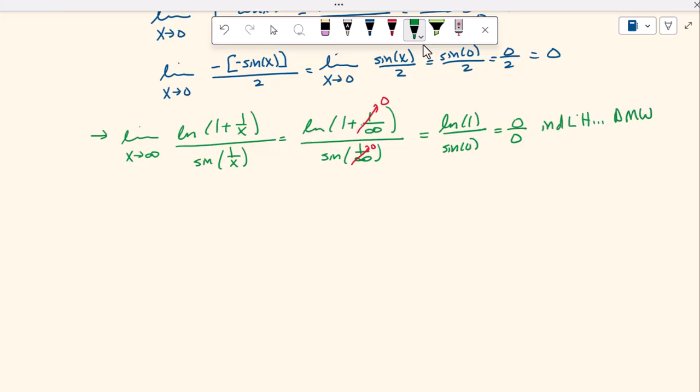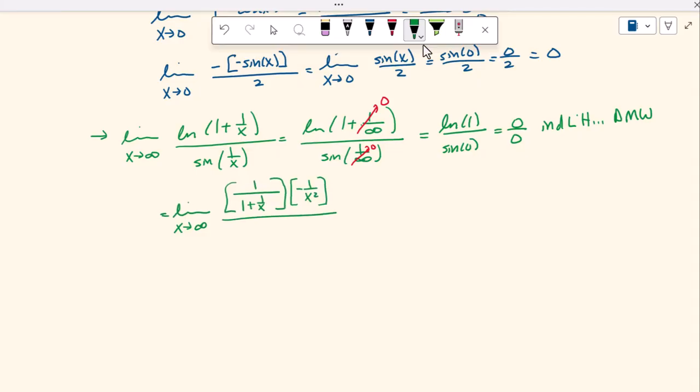Okay, so the derivatives here are going to get pretty interesting. So the limit as x approaches infinity. The derivative of the natural log of u is 1 over u times the derivative of 1 plus 1 over x. Well, the derivative of 1 is 0, and the derivative of 1 over x is negative 1 over x squared.